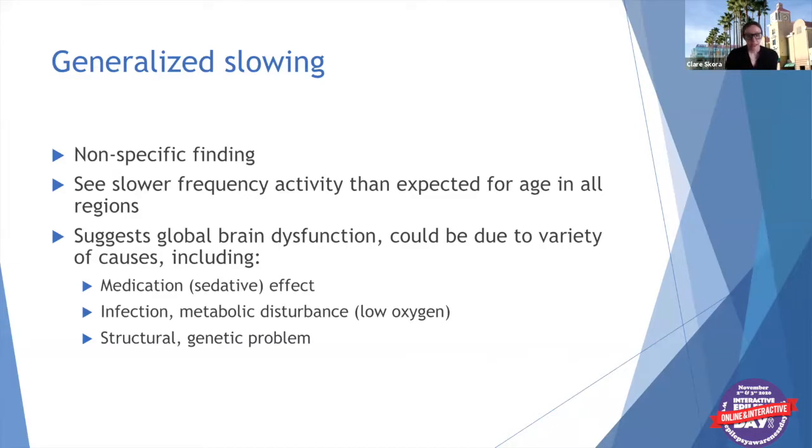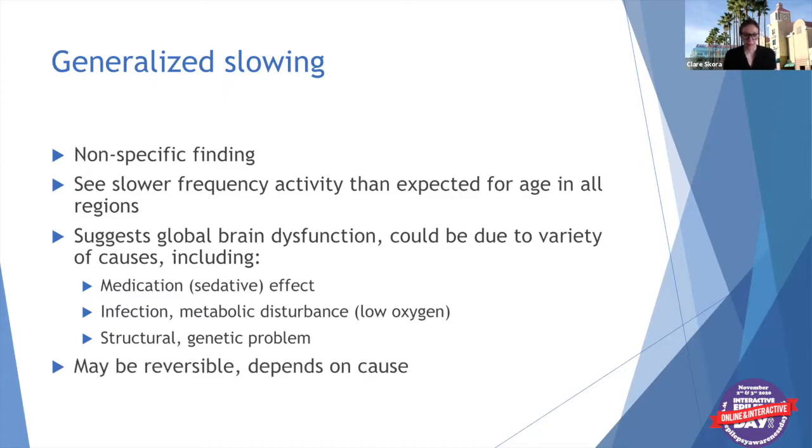Sometimes we can see diffuse slowing in the setting of an infection, metabolic disturbance, for example, low oxygen, or some genetic conditions, structural problems that deal with basically all the cells of the brain can present abnormalities in their electrical firing, resulting in slower frequency activity. And I'll show you in a picture what that looks like in a minute.